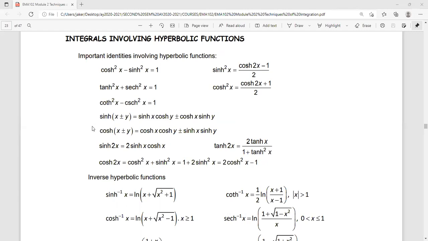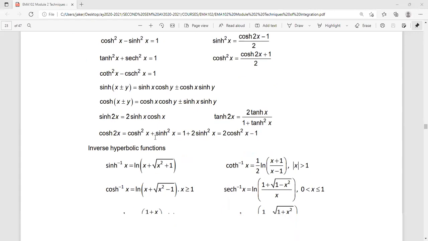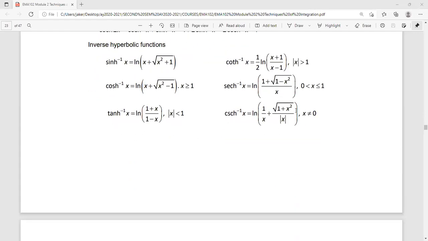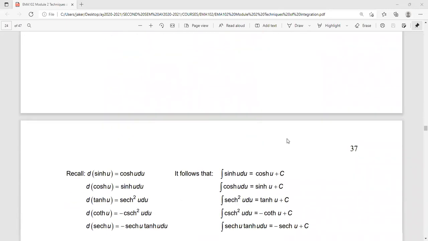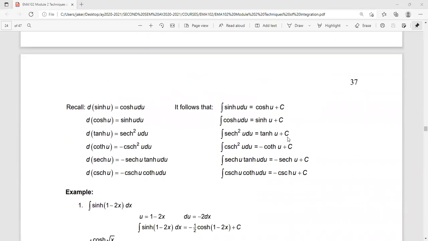These are your set of identities for the hyperbolic functions. These are your set of identities for the inverse hyperbolic functions. So many formulas, but you need not worry because you can go back to your formulas. You are not prohibited from using your formulas whenever you take any form of assessment.